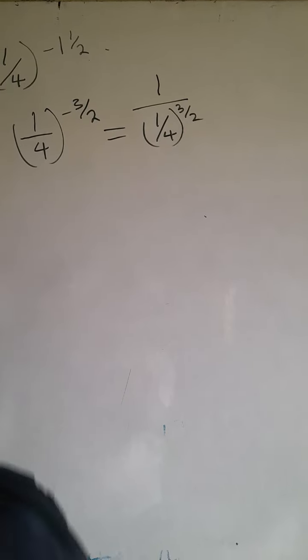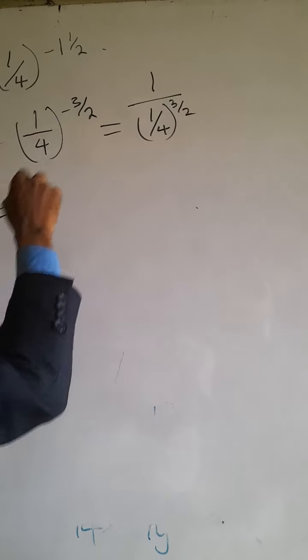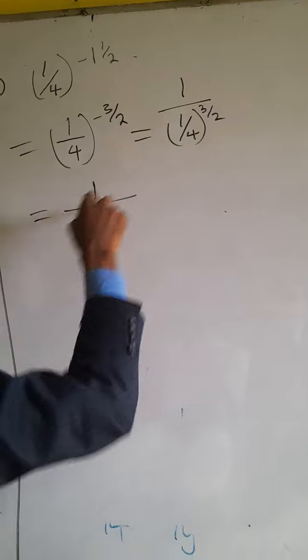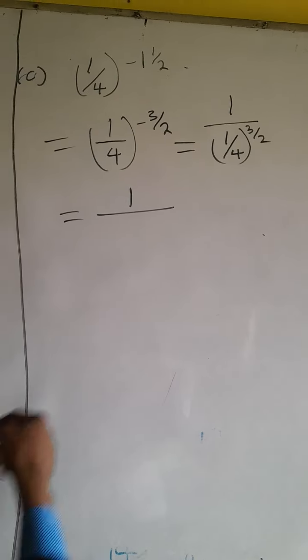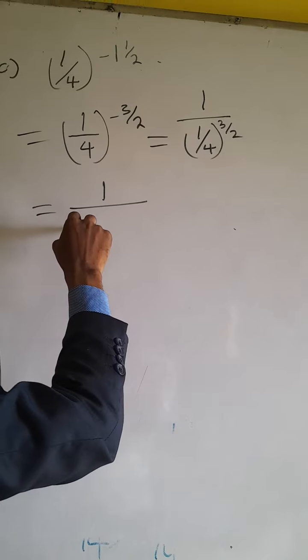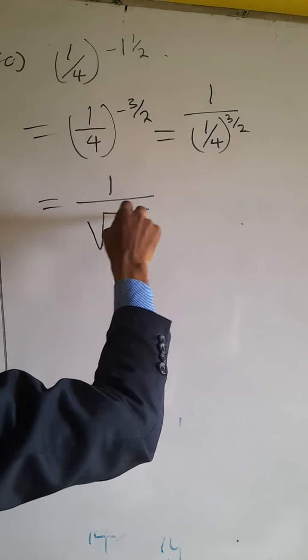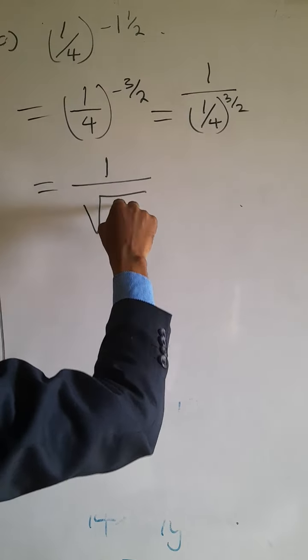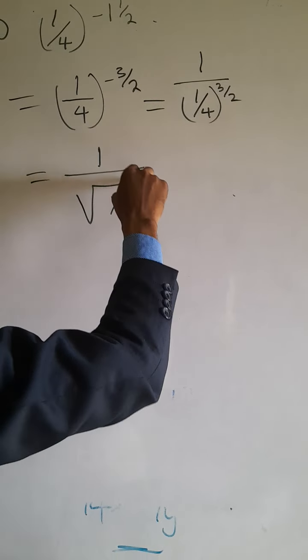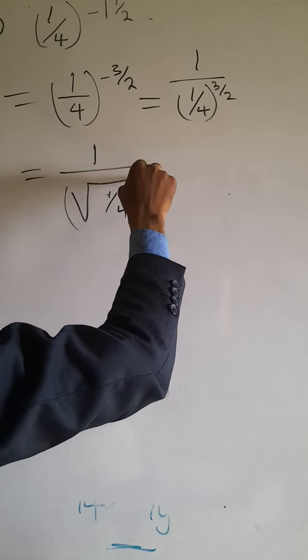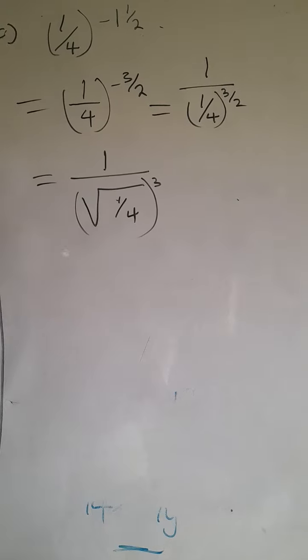Here we can continue to write that's 1. Here we apply the fractional power law, which will now give us the square root of 1 over 4, all raised to the power of 3.